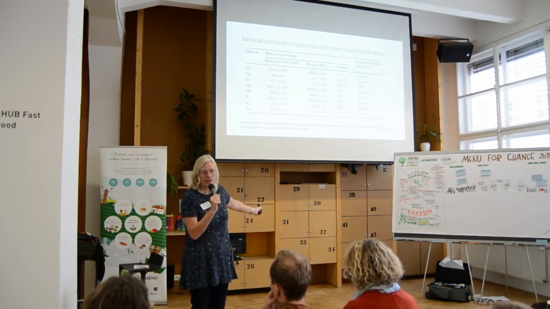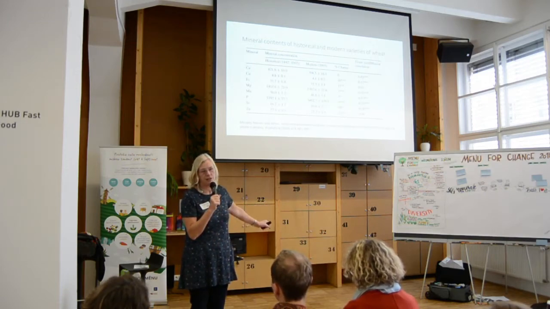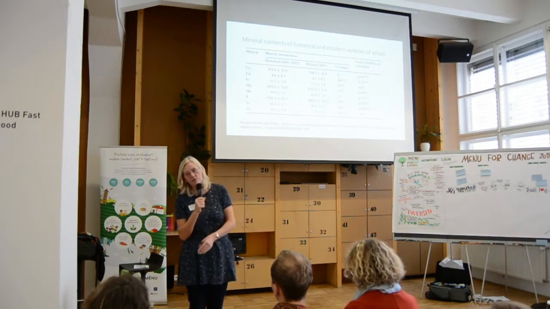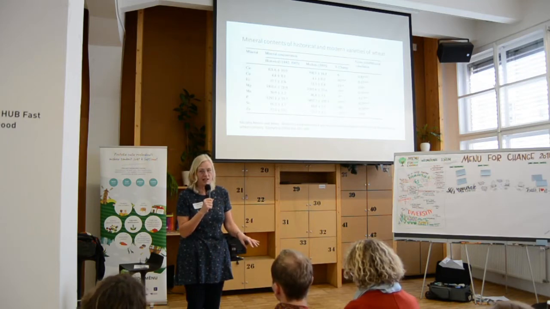What I should point out, actually, is that with the comparisons that I showed, there isn't any systematic sampling for organic versus non-organic. This was a sample taken at two periods of time to represent what was available in the shops at that time. So it's not a controlled experiment at all.